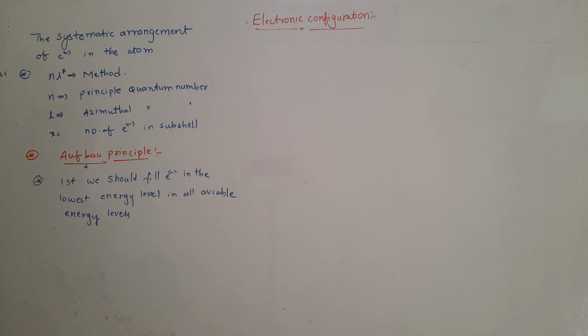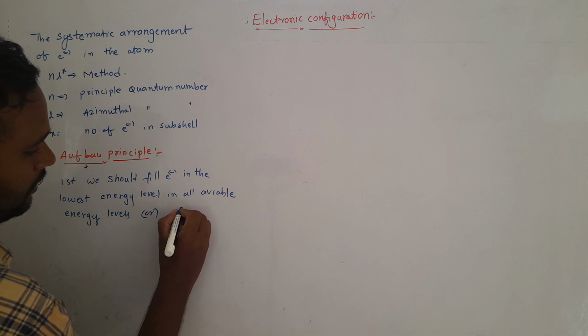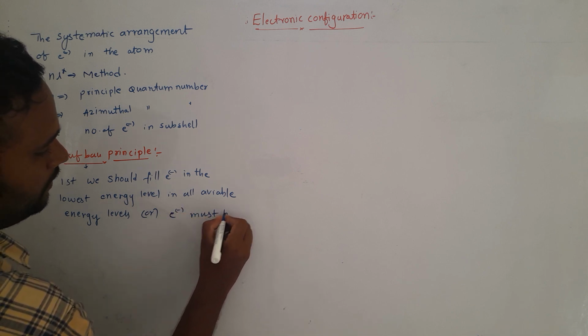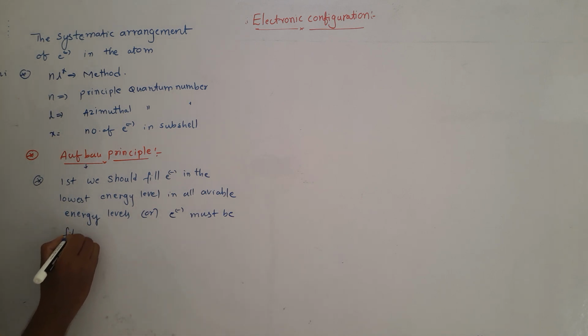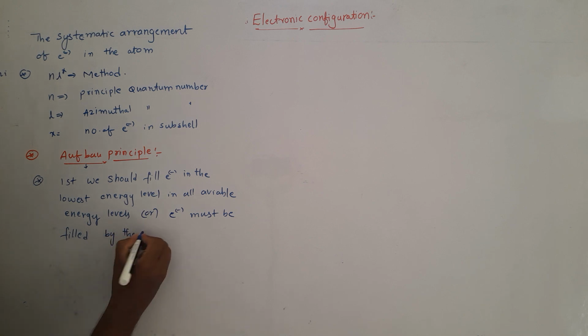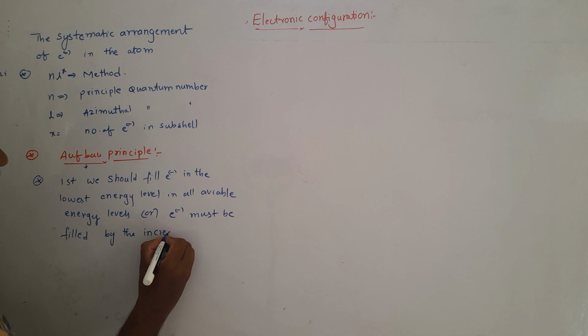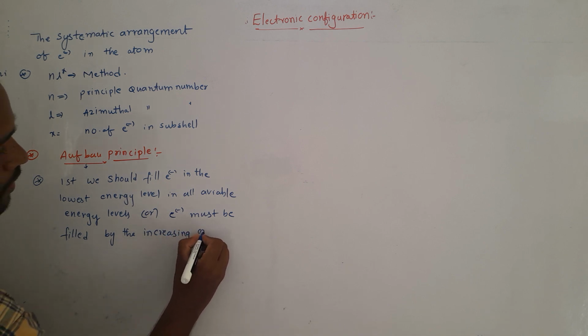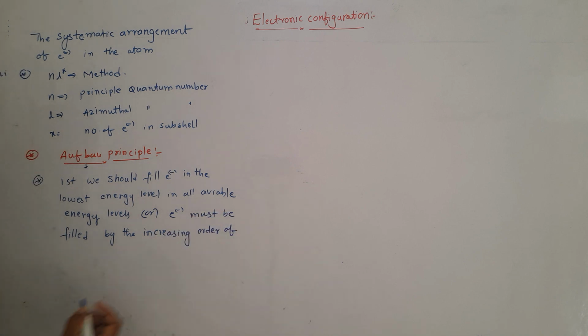That is called Aufbau rule, or simply, electrons must be filled in the increasing order of their energy levels.